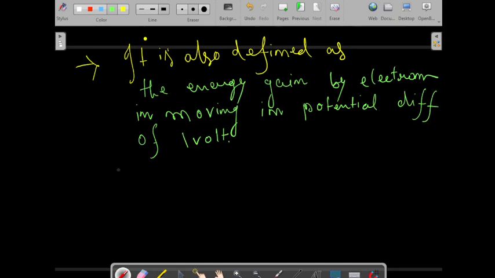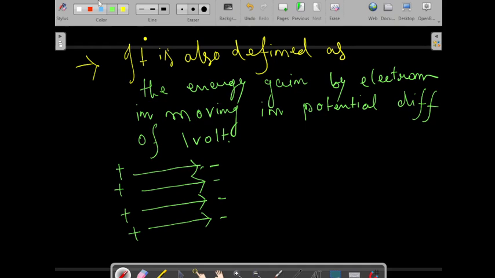The direction of the electric field is from plus to minus, and the movement of the electron is in the opposite direction of the electric field.